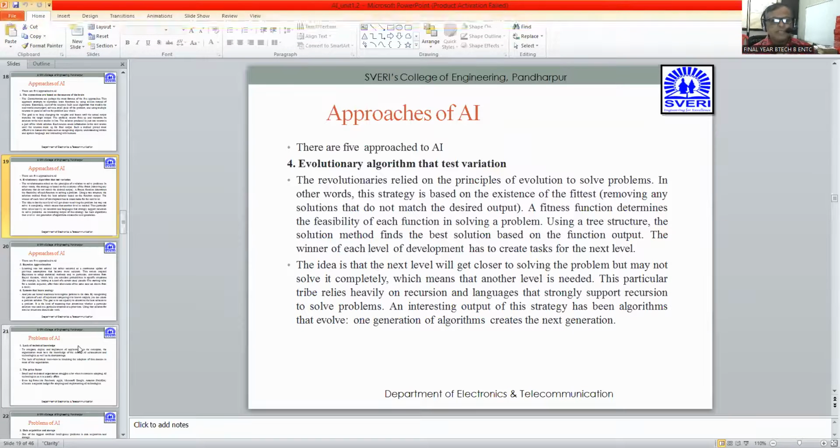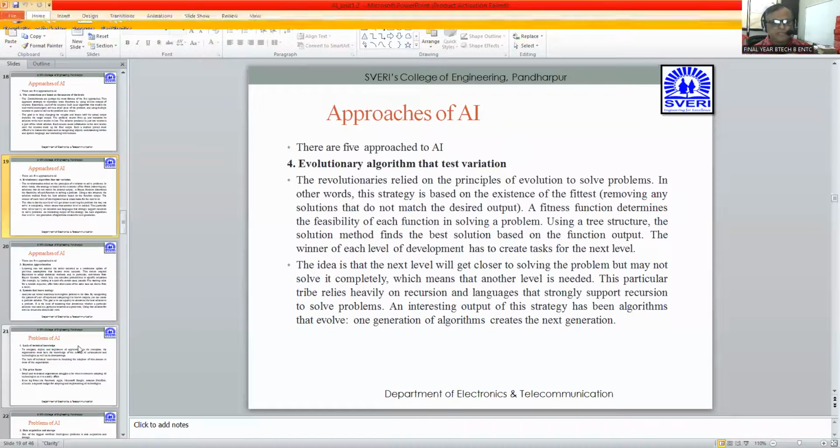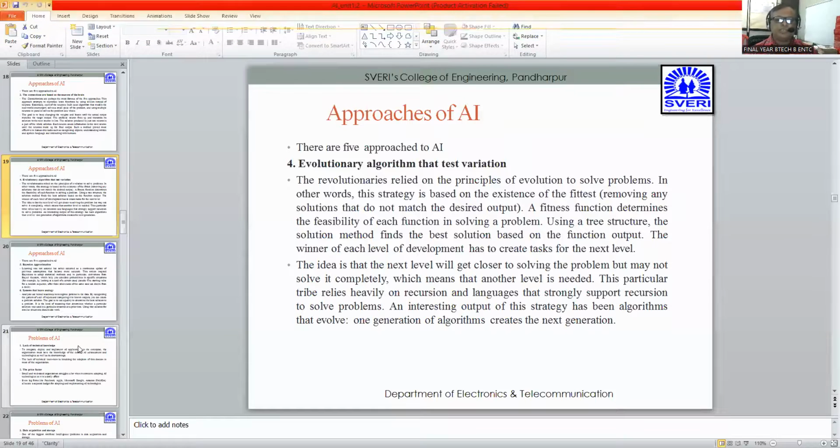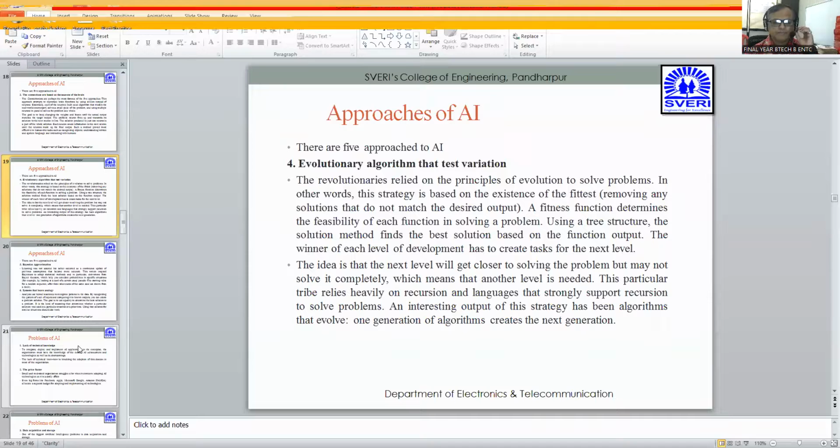A fitness function determines the feasibility of each function in solving the problem. Using a tree structure, the solution method finds the best solution based on the function output. So when it is going to change the solutions, it is going to follow a structure like the human beings, like a tree.